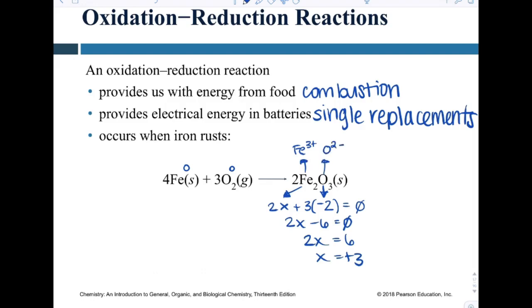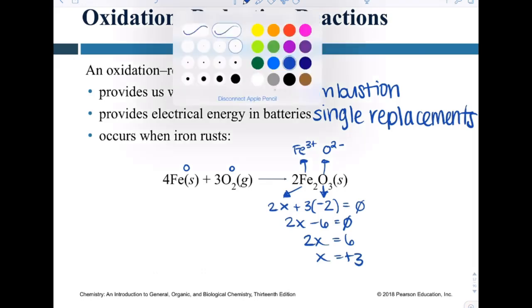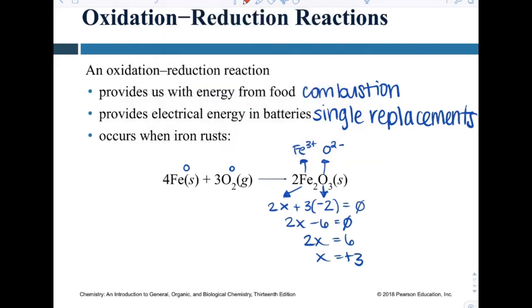So then we can look carefully and closely at what is happening to each of these elements. Picking it apart, what is happening to the iron? The iron is turning from 0 into positive 3, or 3 plus. So is the iron gaining or losing negativity?